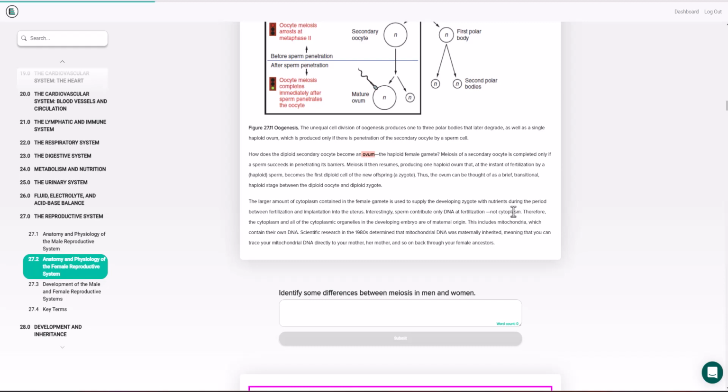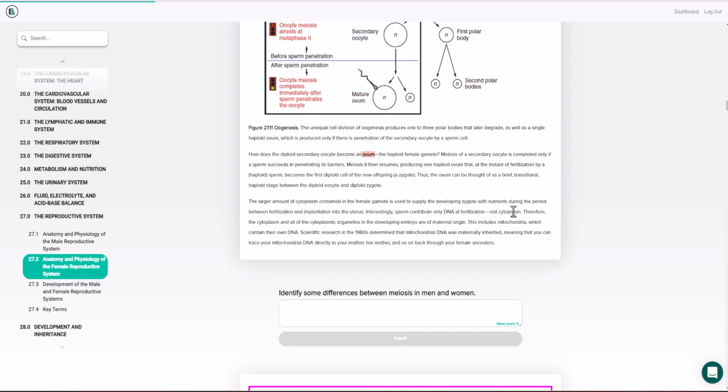And so it is possible through genetic testing to look at mitochondria. This may be a little bit more information than you need for the test for sure, but the mitochondria have their own sets of genes. Okay, DNA is found in the mitochondria as well.